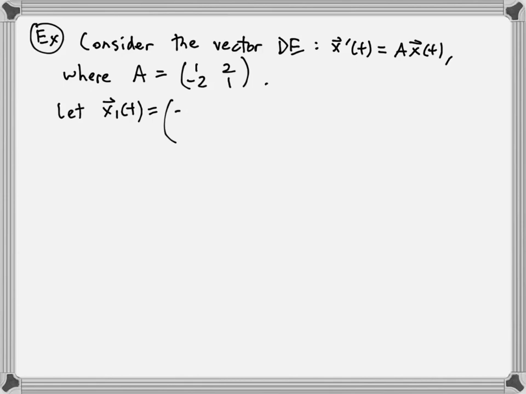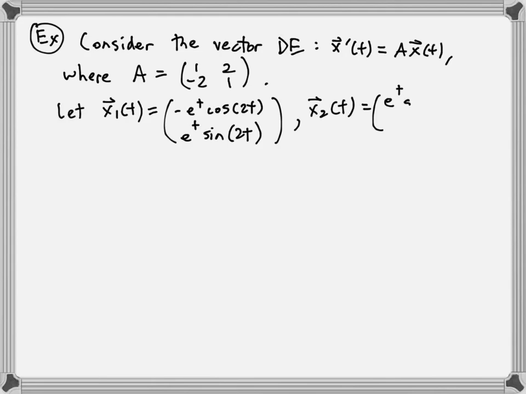It's negative e to the t cosine of 2t, and then e to the t sine of 2t, and then x2 of t is equal to e to the t sine of 2t and e to the t cosine of 2t.